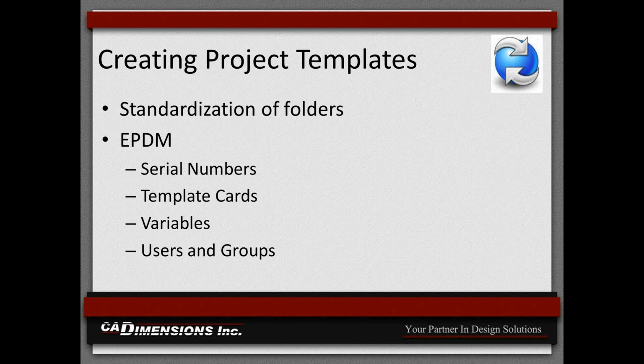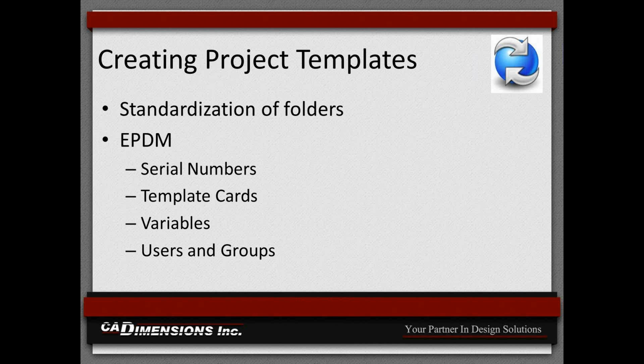If I'm looking for SOLIDWORKS files and I go in one project, I might find them one way. I go to the next project, they're not in the same folder, so I have to continually search. This standardization of folders makes it a lot easier for those of you who have to browse projects to find data.